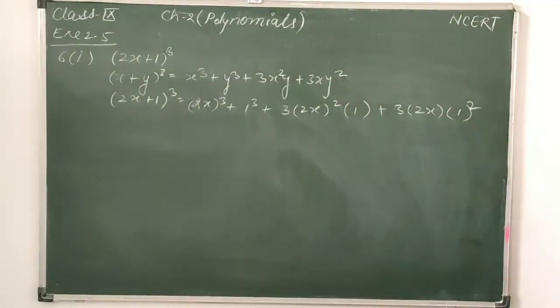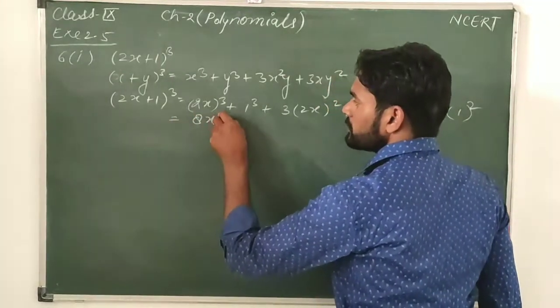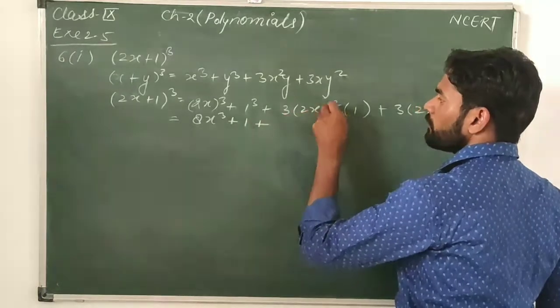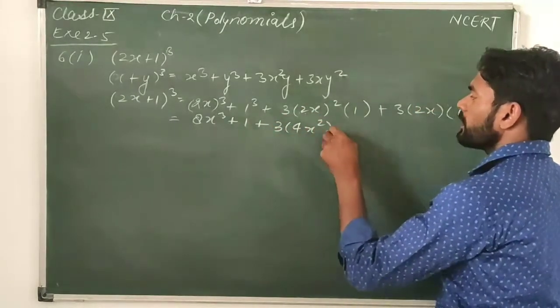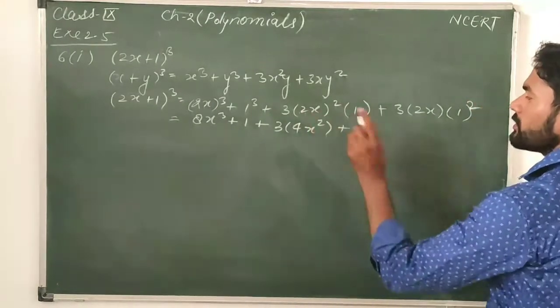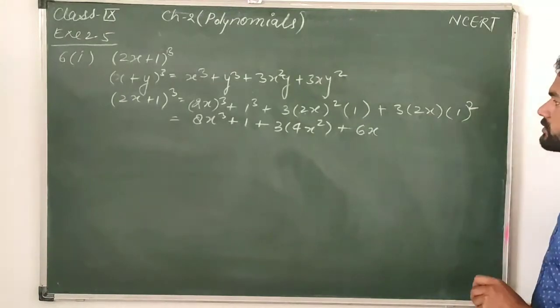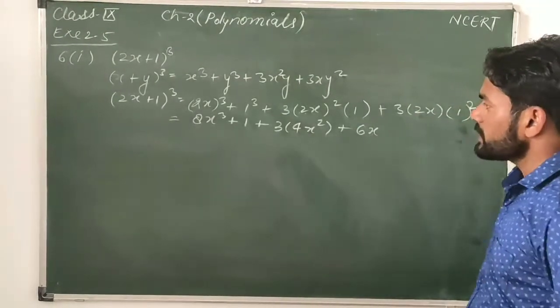This gives 8x cube plus 1, then 3 twos are 6x, and 1 square is 1, so 6x.